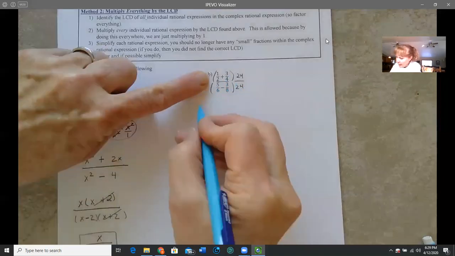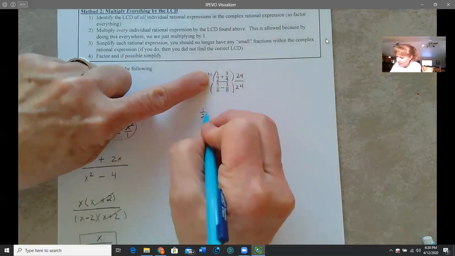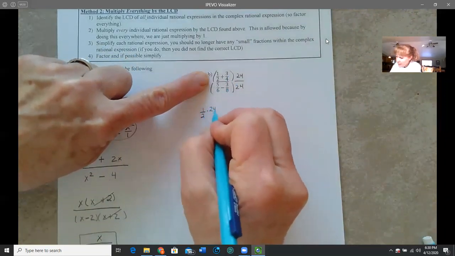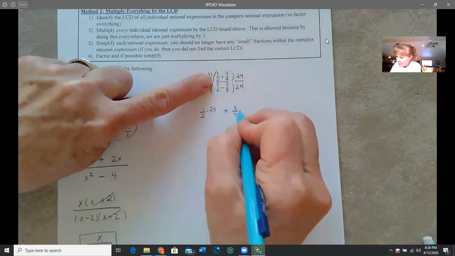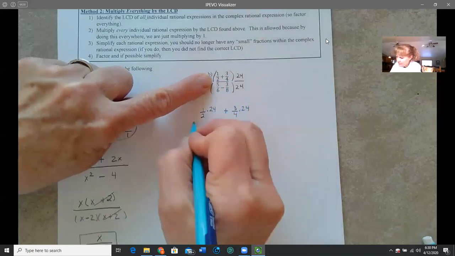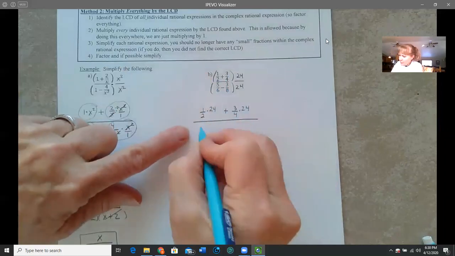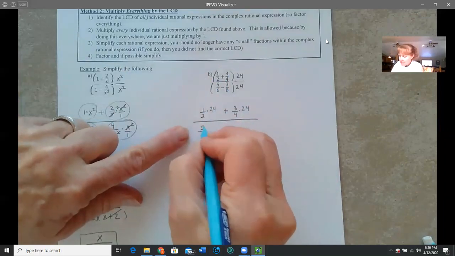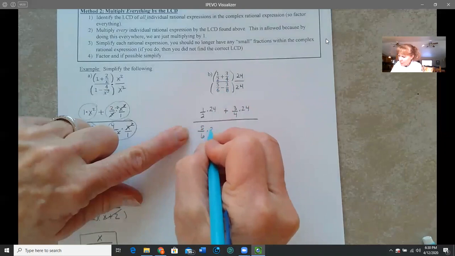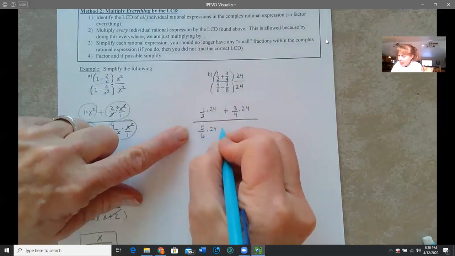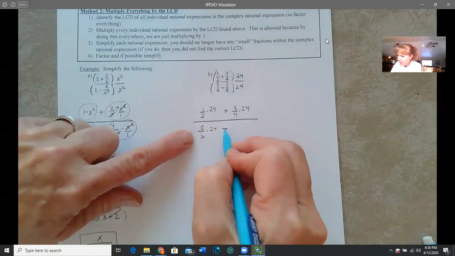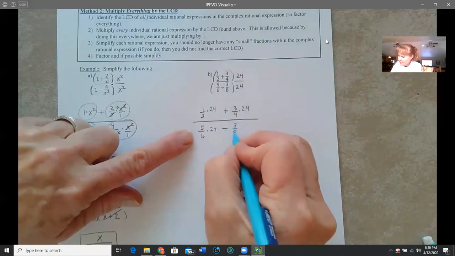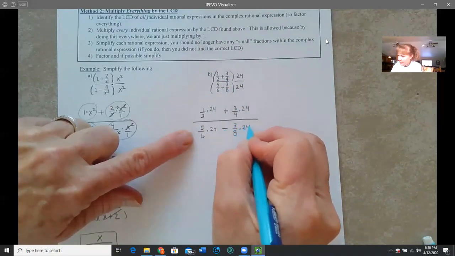We'll start with 1/2. And I'm just going to go ahead and write this out. Then we're going to do plus 3/4 times 24. And then we'll have 5/6 times 24. Minus, because we have a subtraction there, 3/8 times 24.